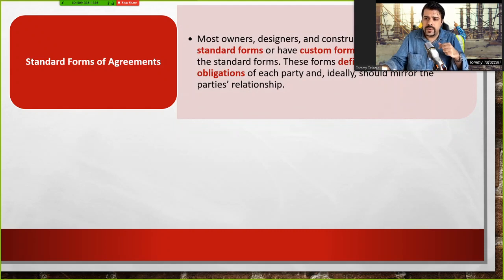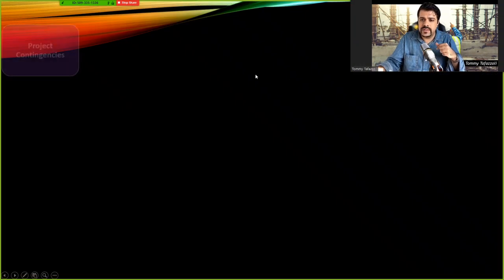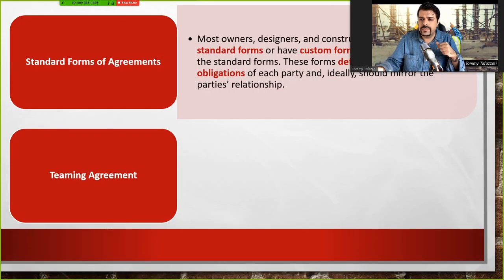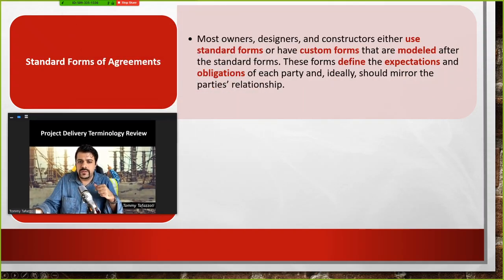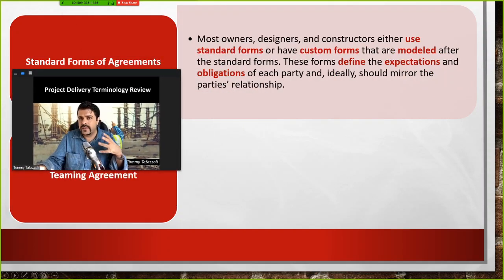So you remember consensus document? It's a form of standard documents or standard contracts. Many of the times owners, designers, or constructors, instead of starting from scratch, have some standard forms to hire lower tiers.